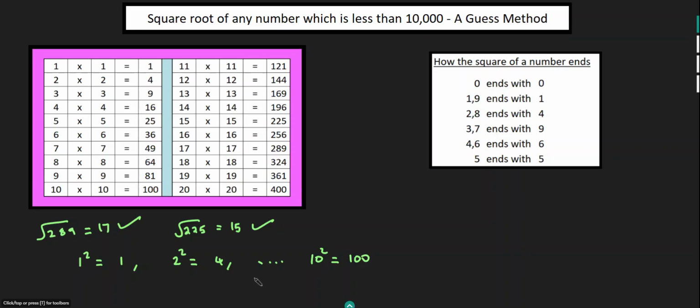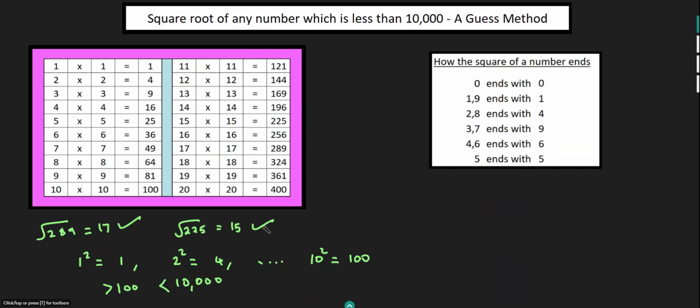Once we know this, it becomes easy to follow this method. We can find the square root of numbers which are greater than 100 and less than 10,000.